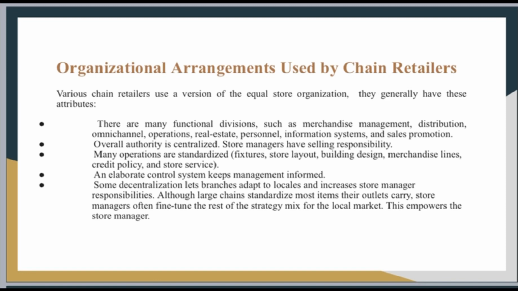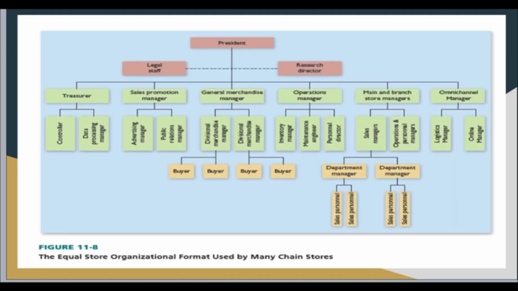Store managers have selling responsibility. Many operations are standardized, like fixtures, store layout, building, other designs, merchandise line, credit policy, and store service. An elaborate control system keeps management informed. Some decentralization lets the branches adapt to locales and increases the store manager's responsibilities, although large chains standardize most items.